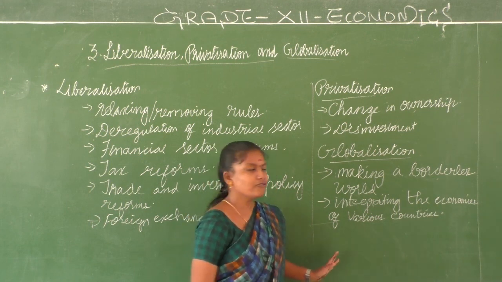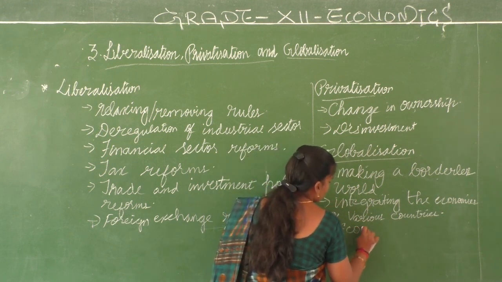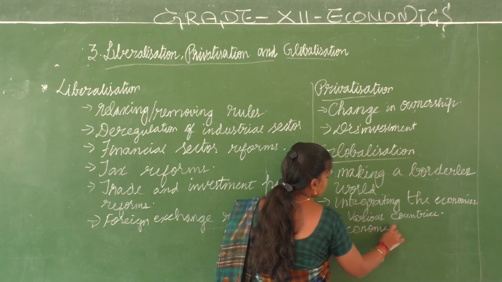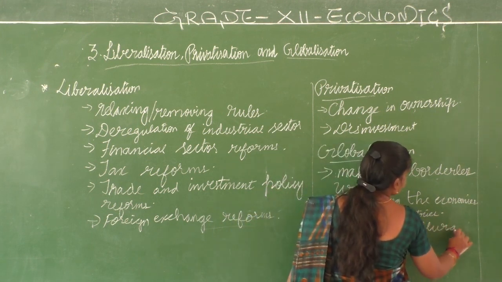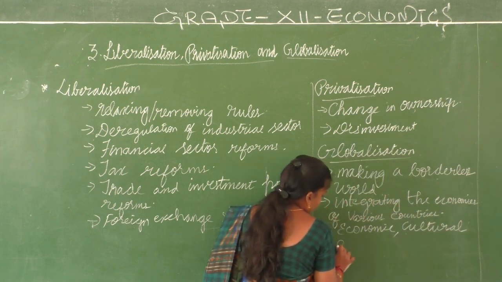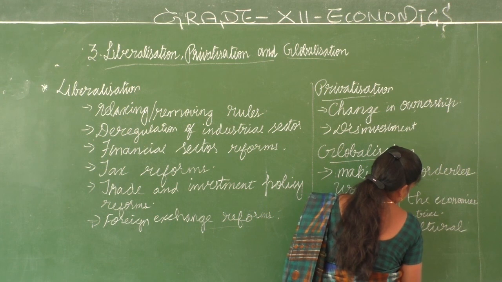So we have three kinds of globalization here, namely economic globalization, cultural globalization, and political globalization.